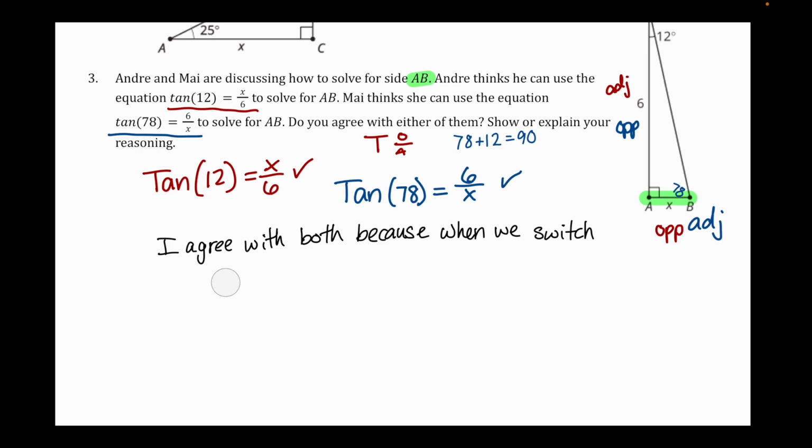When we switch to the other acute angle, because the way I was phrasing it originally is going to sound like we switched the places of the angles, but that's not true. We're switching to the other acute angle in the triangle.